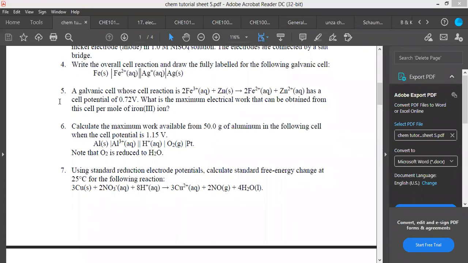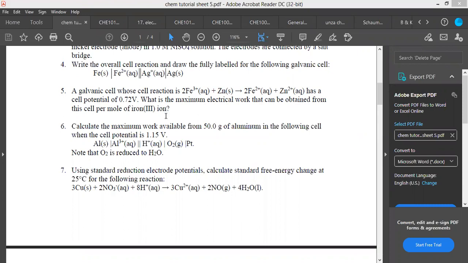So question 5 reads, a galvanic cell whose cell reaction is this has a cell potential of that. What is the maximum electrical work that can be obtained from this cell per mole of iron?